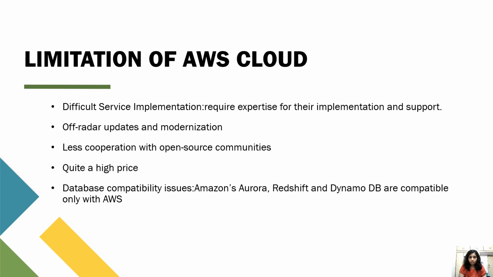It might be difficult to afford the price for normal people. Database compatibility issues. Amazon's Aurora, Redshift, and Dynamo databases are compatible only with Amazon Web Services, and they are not easy to use with any other cloud services.